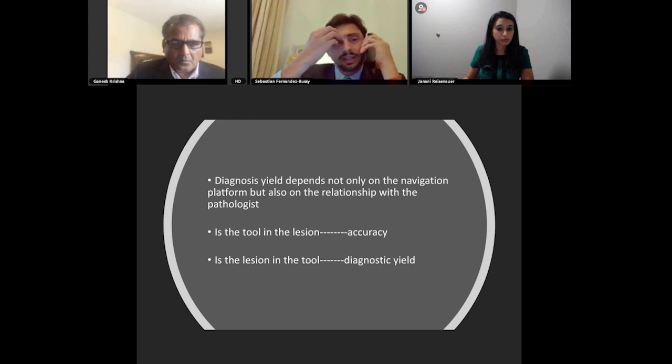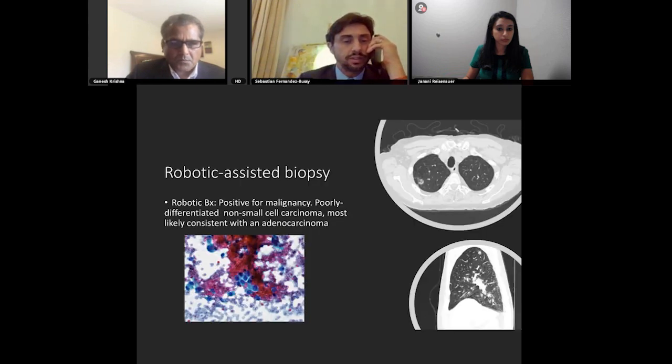So I would like to discuss two main concepts. One is: are we able to put our tool in the lesion with the help of the navigation platform, in this case robotic, which we can talk about as accuracy. And the other concept is really the lesion inside our tool, which will give us the final diagnosis, the diagnostic yield.